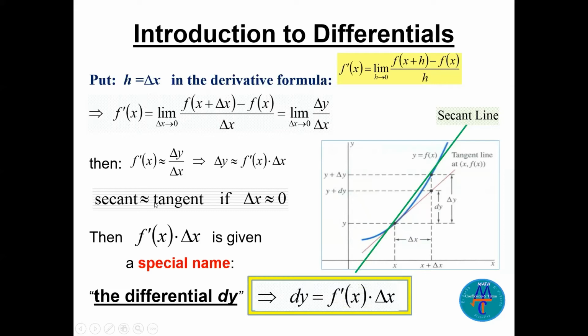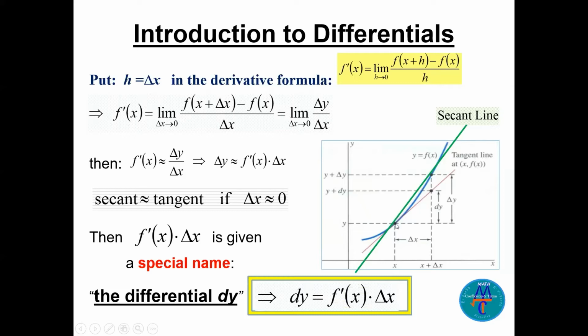Now let me explain secant and tangent. The blue one here is the curve. This is the graph of the function. The red one is the tangent line. Tangent line at the point x and y. You see? Now when we say secant, it's a line passing through 2 points on the curve.